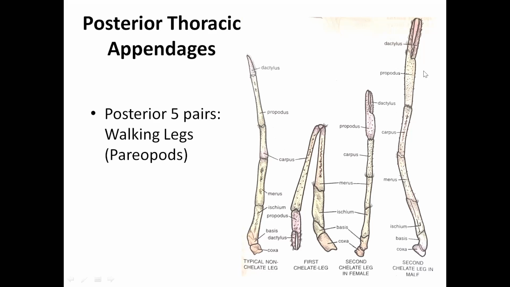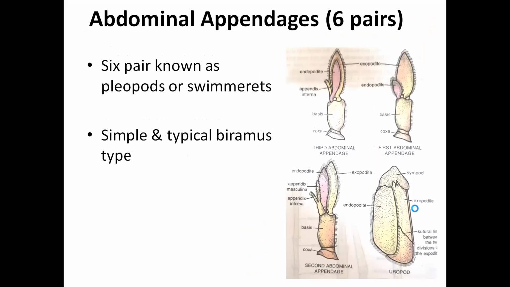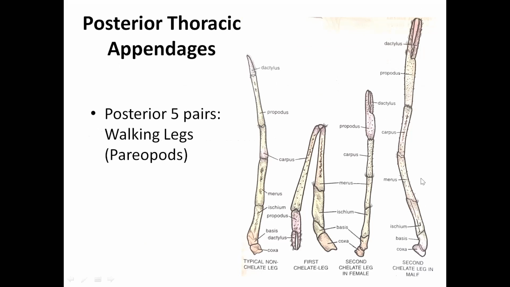So when we talk about the species of Macrobrachium, the second chelate leg of the male is much longer and stronger than the second chelate leg of the female. If there are animals of both sexes of the same age, then the male has the longer and stronger second chelate leg as compared to the female.